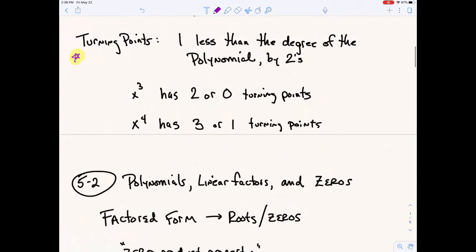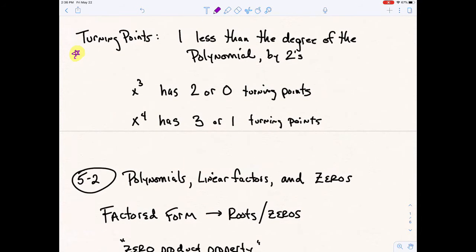Okay, moving on. Turning points. Turning points are defined as spots where our graph stops going up and begins going down, or stops going down and begins going up. It's some sort of curve to the graph. Turning points are generally described using the most powerful term.